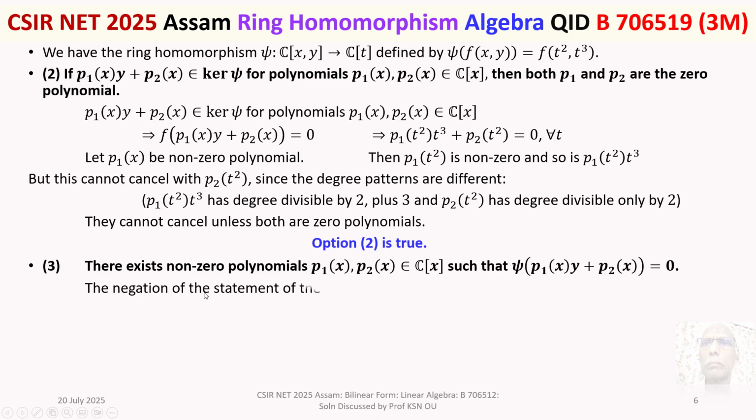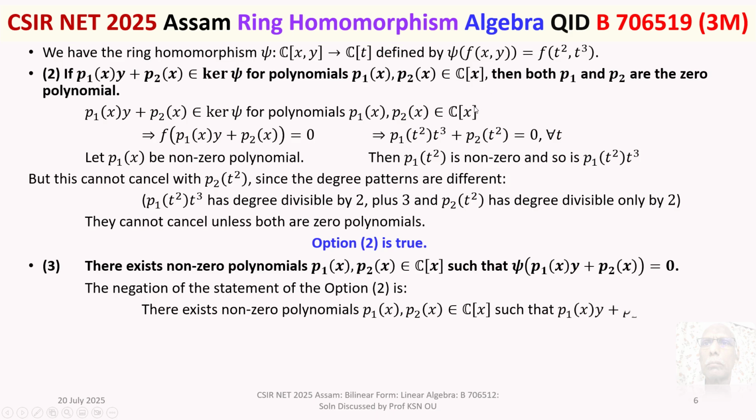The negation of the statement of option 2 is: there exist non-zero polynomials p1 of x, p2 of x belonging to C[x] such that p1 of x times y plus p2 of x belongs to the kernel of psi.